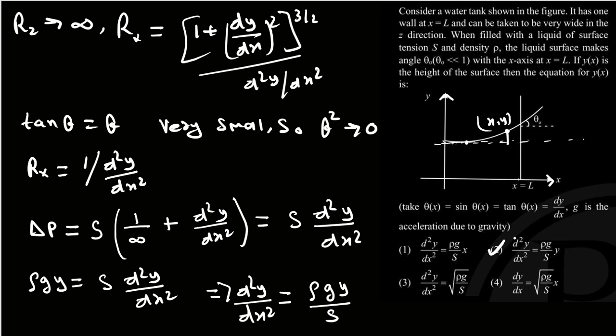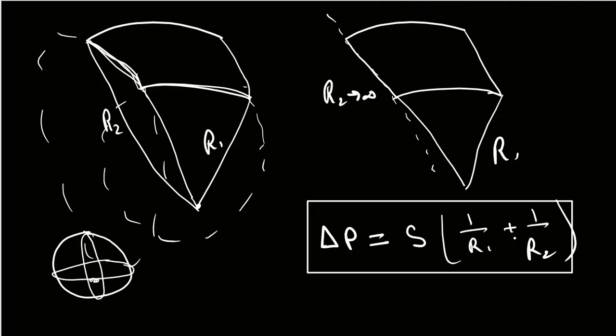So here we have used the Laplace equation for surface tension and the radius of curvature. One more thing I would like to add here. We have all studied pressure difference in a sphere. In a sphere, in this Laplace equation, R1 and R2 become the same.